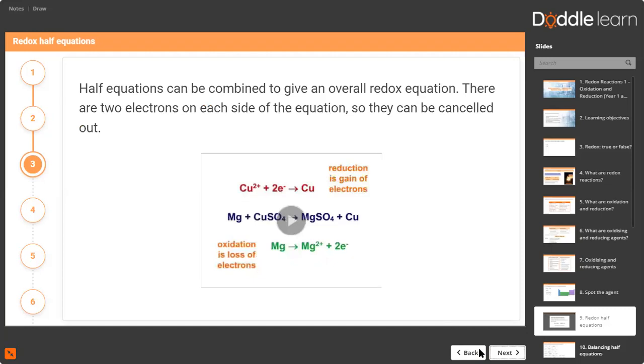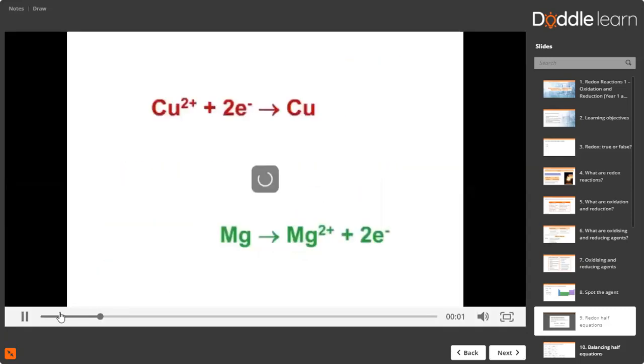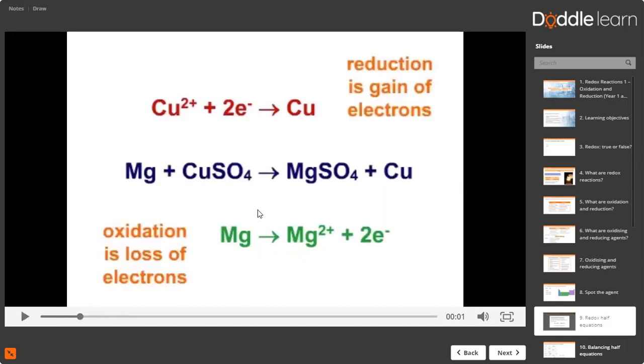So half equations can actually then be combined to give an overall redox equation. Because we have 2 electrons on each side of the equation, we can just cancel them out using standard maths. So there are half equations, and in the middle we've got our full equation. I'm going to get rid of that full equation because we don't need to worry about that now. We want to make a redox equation.